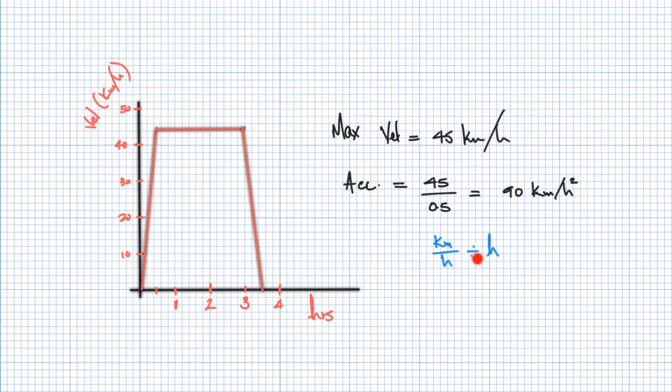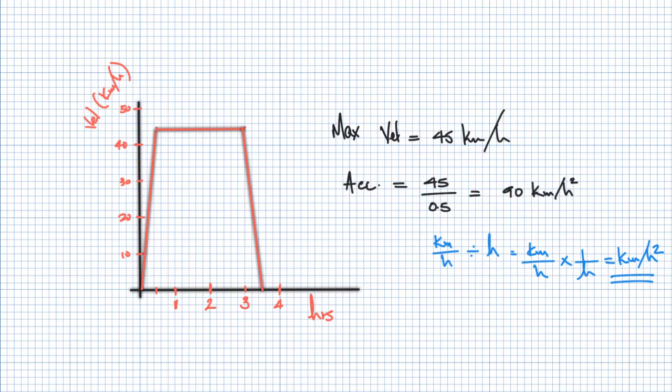Well, we don't divide fractions, we normally multiply them. So this is the same as kilometers per hour times by 1 over hours. You end up multiplying these 2 hours here, so acceleration will normally have a square with it. So kilometers per hour squared, like that, or meters per second squared if it's that way, and so on. So be very, very mindful of that.